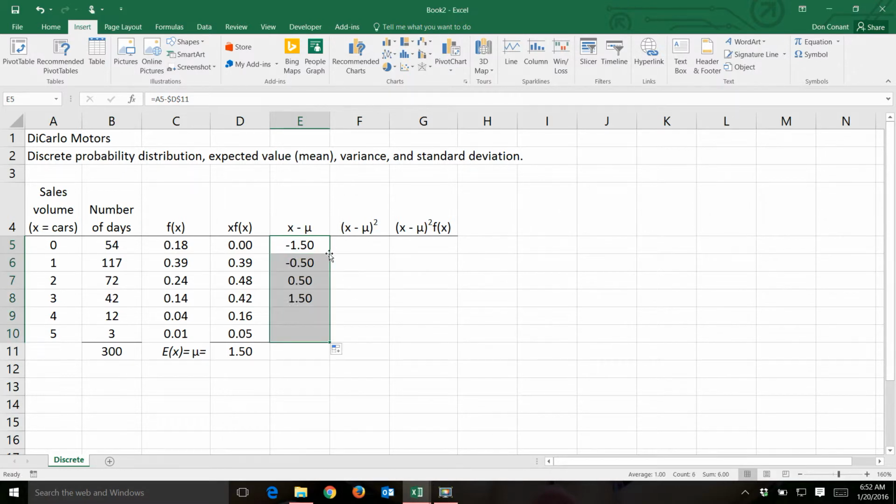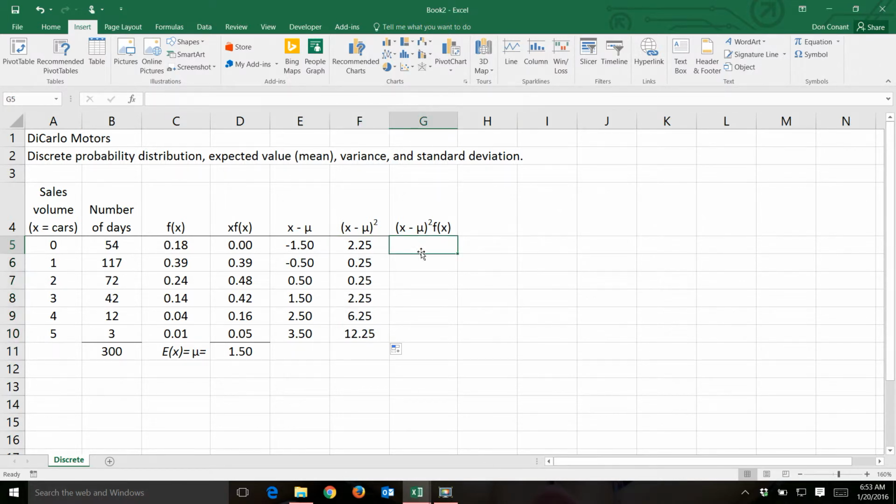Now when I sum these, I'll get close to 0 since we have low and high values here. Well, not so close to 0, but an incorrect number. So when calculating the variance, I always square these values. So I'm going to take x minus mu and raise it to the second power. That takes out the effect of the negative values.